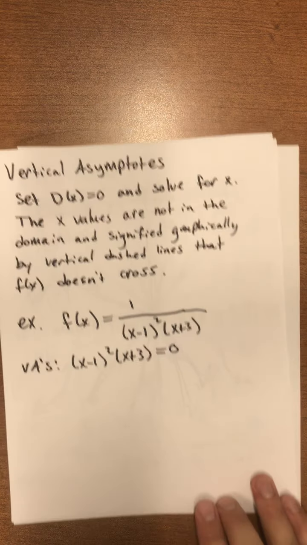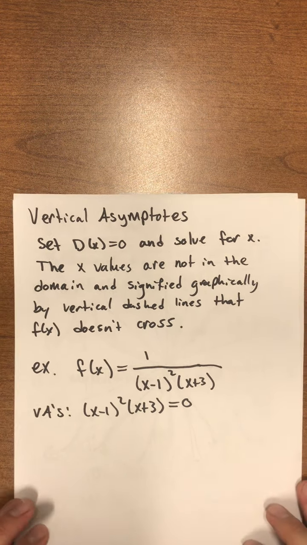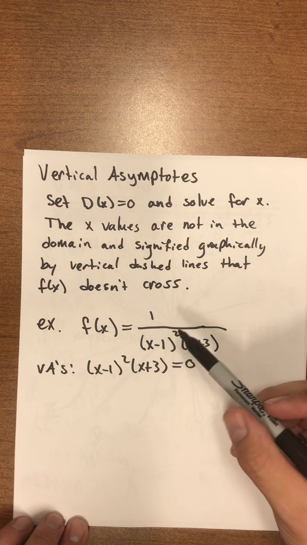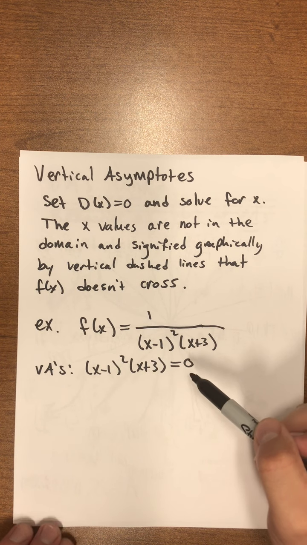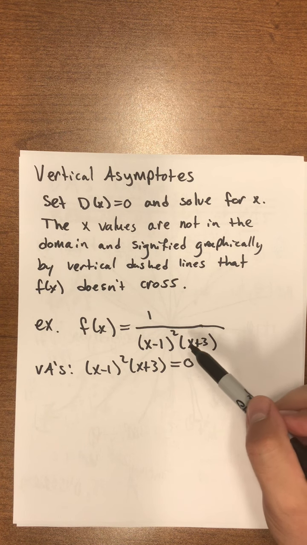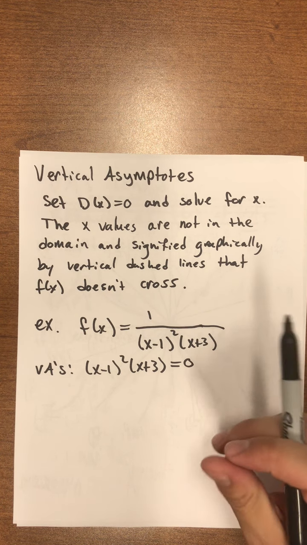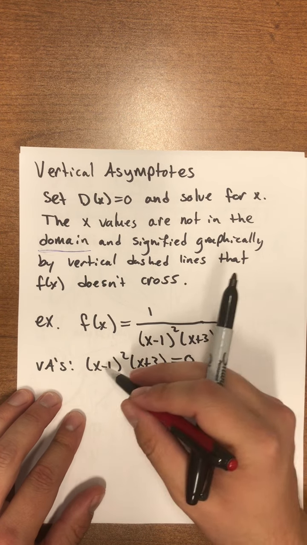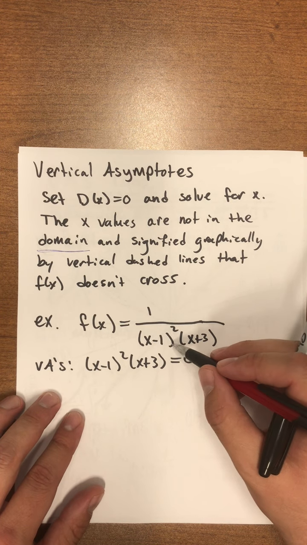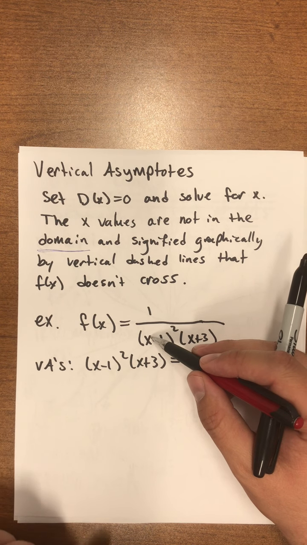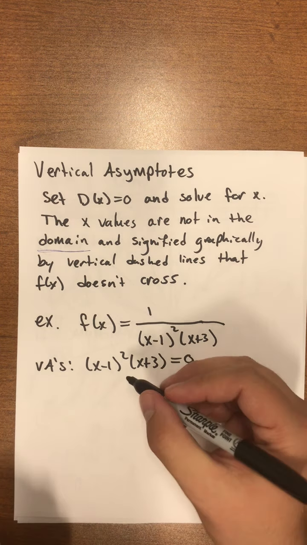However, a vertical asymptote comes from the factors of the denominator. So if you set the denominator equal to 0 and solve, those x values aren't going to be in the domain. So if on this denominator x minus 1 is a factor, we do not have a valid input of x equals 1.